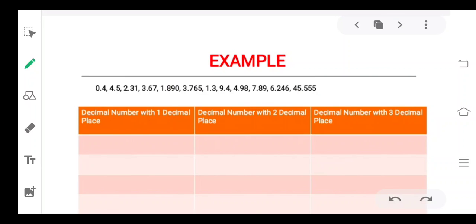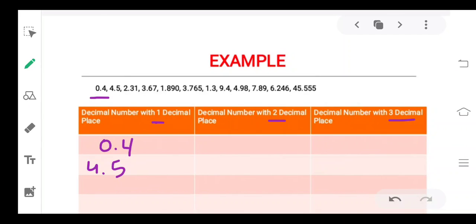Now let's perform some examples. We have to write a decimal number with 1 decimal place, a decimal number with 2 decimal places, and a decimal number with 3 decimal places. So you can see that 0.4 has only 1 decimal place. 4.5 also has only 1 decimal place.